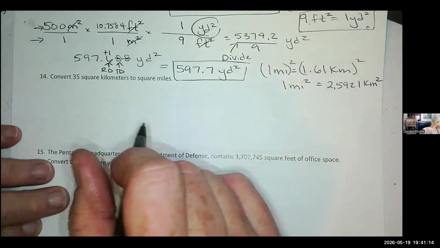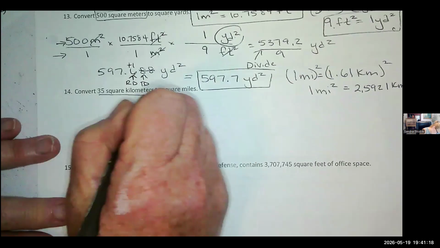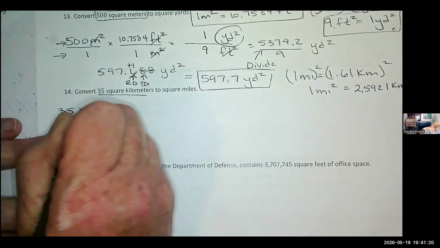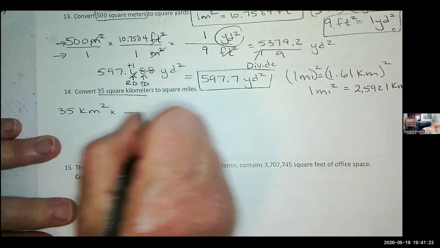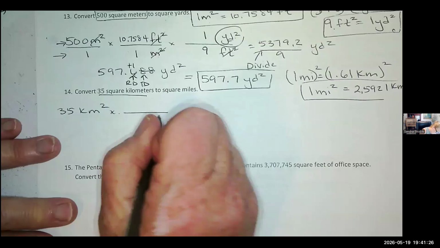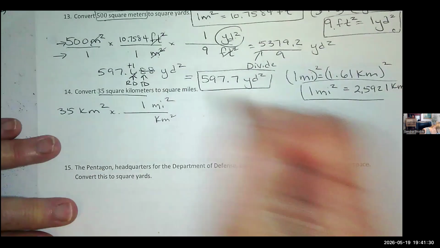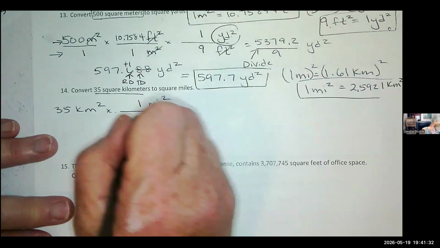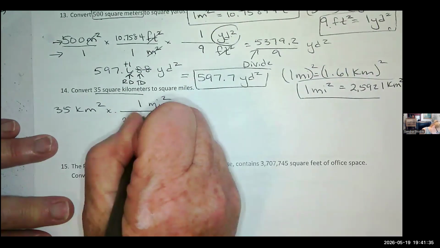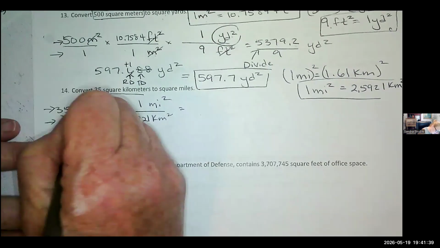So let's start with what we're given, 35 kilometers squared. We only need one conversion, this one right here, to get from kilometers squared to miles squared. 1 mile squared is equivalent to 2.5921. Multiplying straight across, this is over 1. Kilometers squared is gone. I'm left with miles squared.